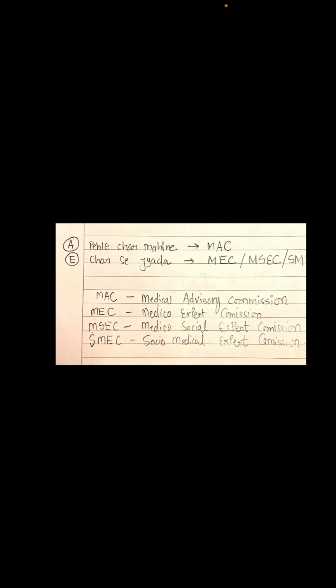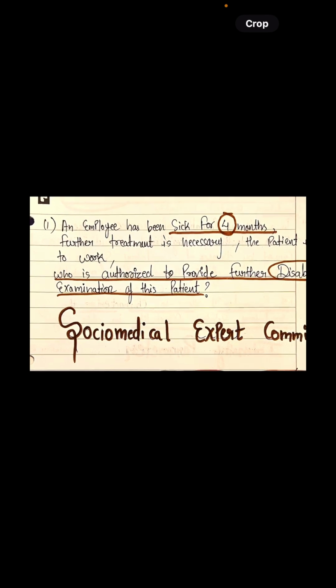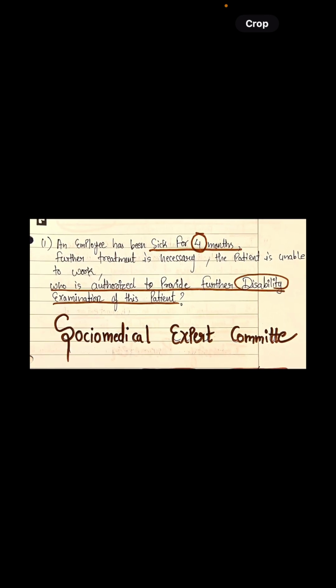Let's see the question over it. An employee has been sick for 4 months. Who is authorized to provide the further disability examination of the patient? Socio-medical expert committee or medico-social.